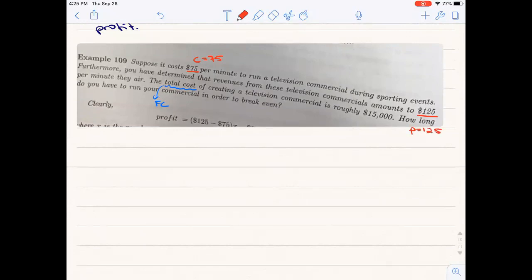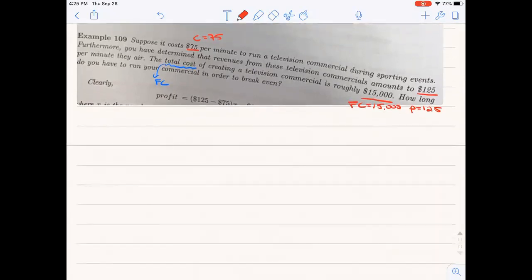Because those are the revenues, so that's what we're getting off of each minute. And then here, the 15,000 is your fixed cost. So a little bit tricky just because of the wording. But once we get past that, it's not really a problem.